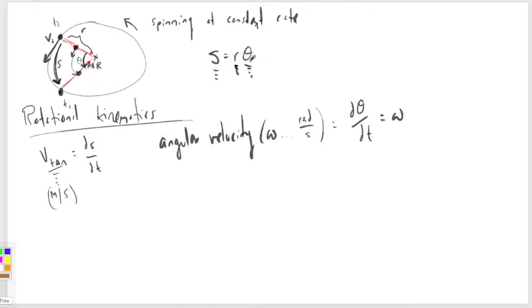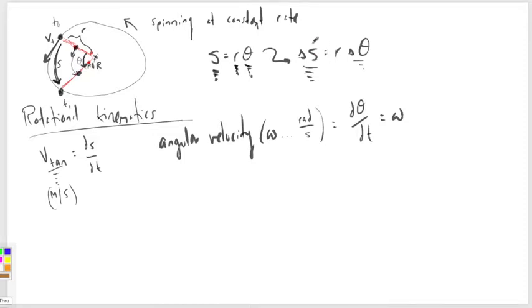So this equation is going to be the equation that gets me from linear quantities to angular quantities. This is a linear position. This is an angular position. So I could rewrite this as this if I'm interested in the change in position. This would be linear displacement. This would be angular displacement. This equation is going to get me between those two things.